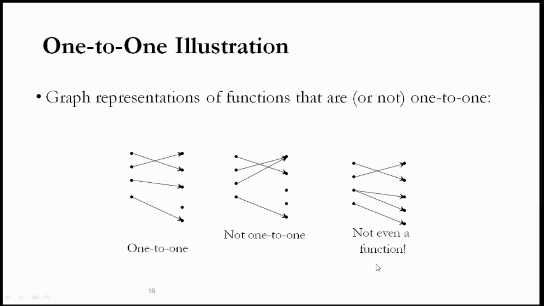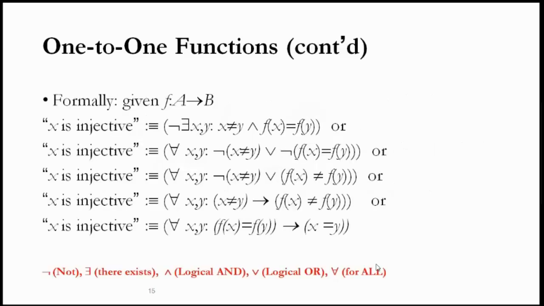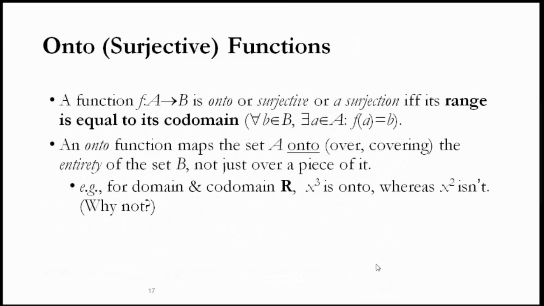According to the definition here previously, only one element of the domain is mapped to any given one element of the range. So two elements should not point to one element in the range. That is injective or injection.